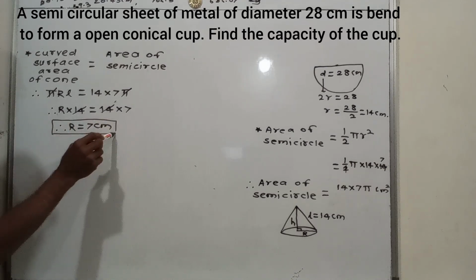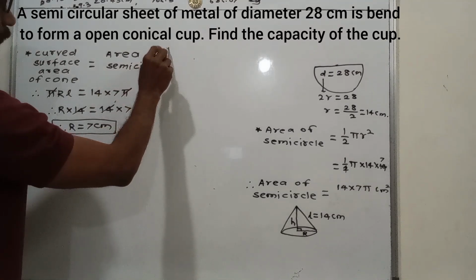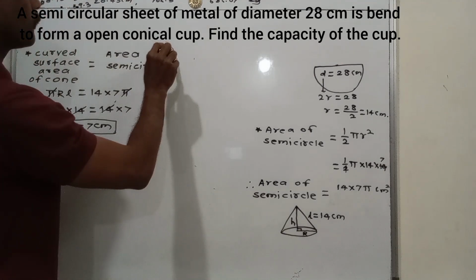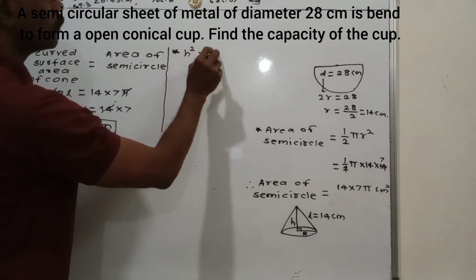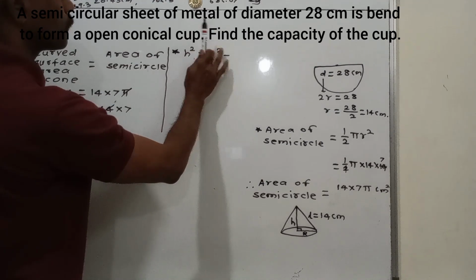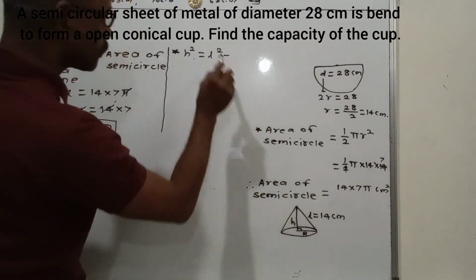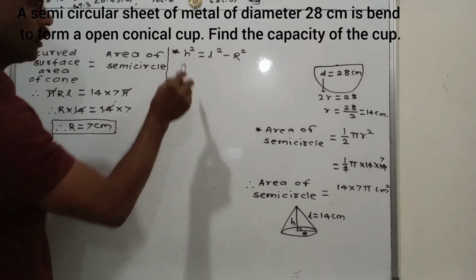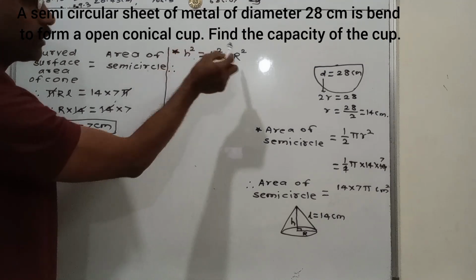Now we will find this perpendicular height. Therefore h square is equal to L square minus capital R square, because L square is equal to h square plus R square.